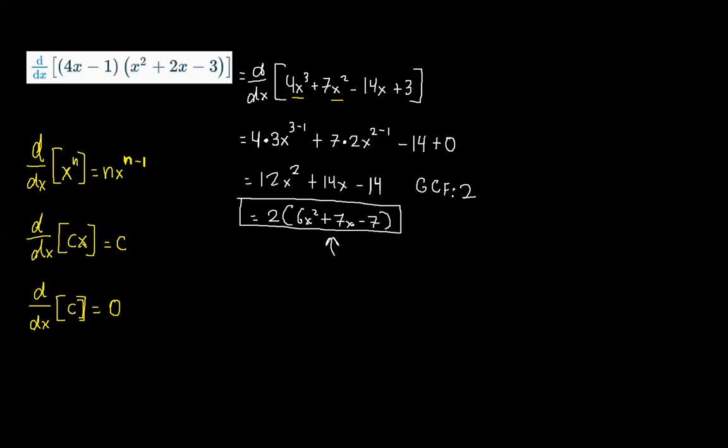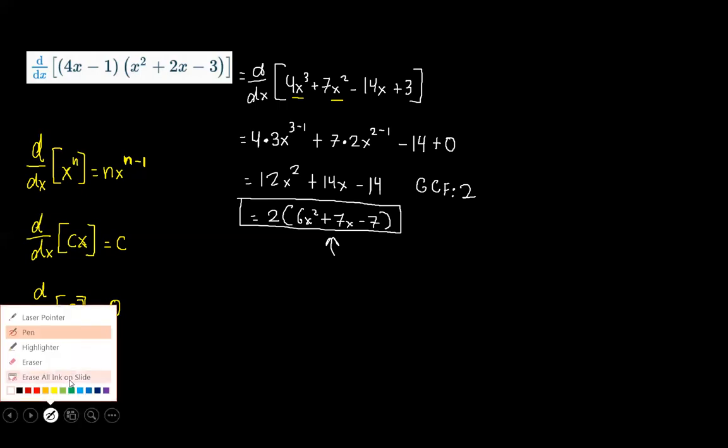Now, for the second method, we have what we call the product rule of differentiation. For the product rule, all you need to memorize are these letters, U and V. If you get the derivative of U, it will give you du, and if you get the derivative of V, it will give you dV.